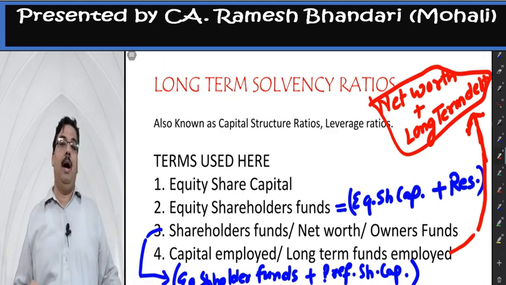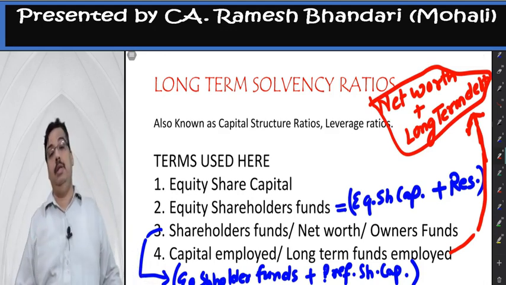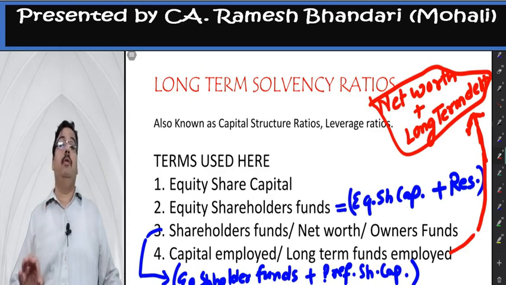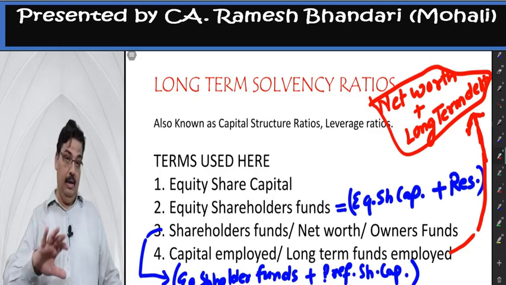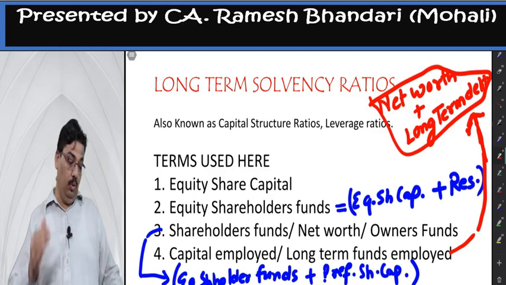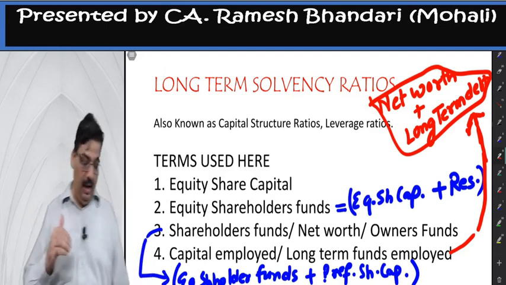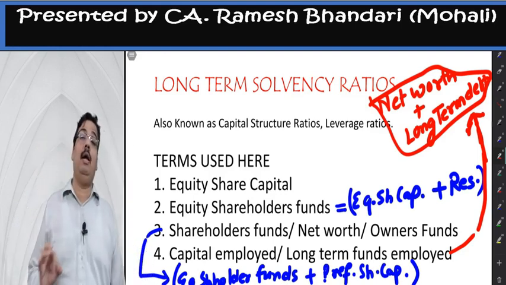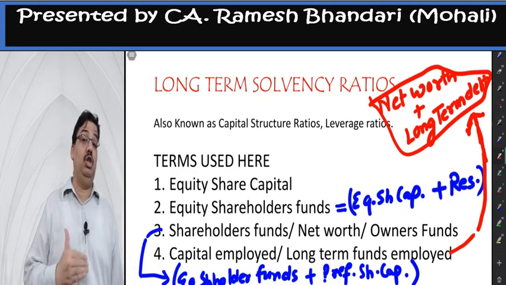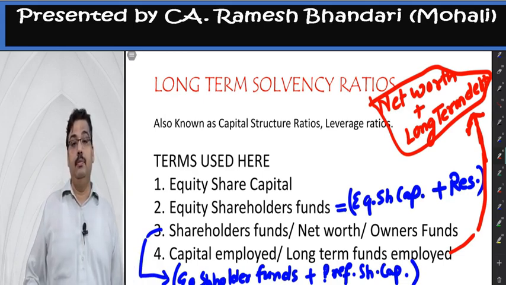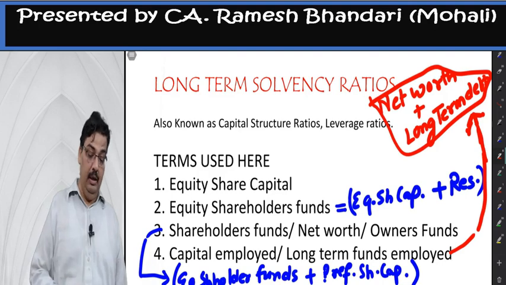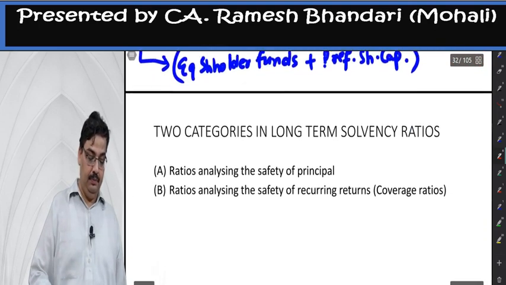The long-term part is in non-current debt. Whatever part of the debt did not fall into current liabilities will come here. So, net worth plus long-term debt will make long-term funds employed or capital employed. This is basically the capital structure of the company. These are the terms which we will be using in this category of ratios.